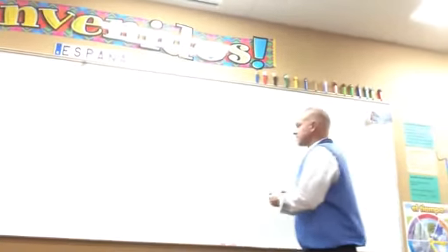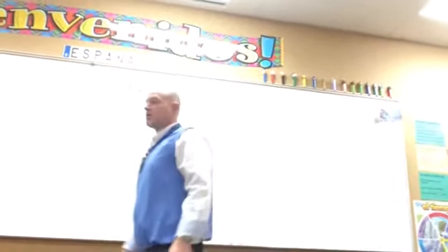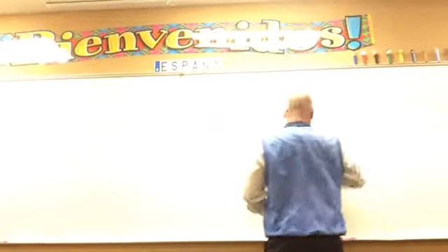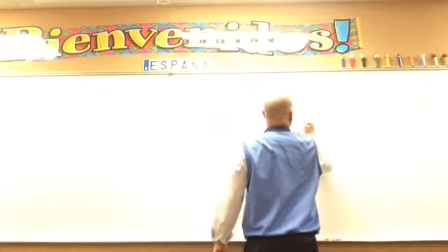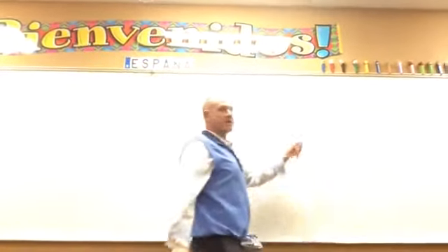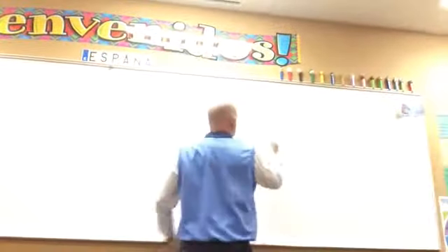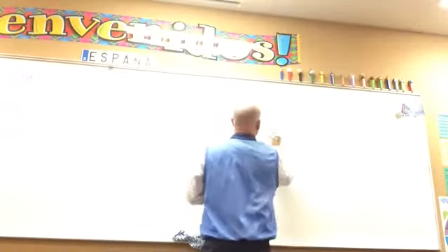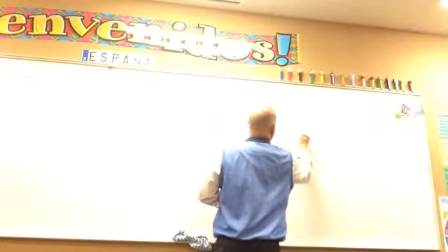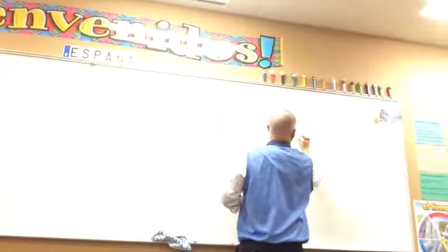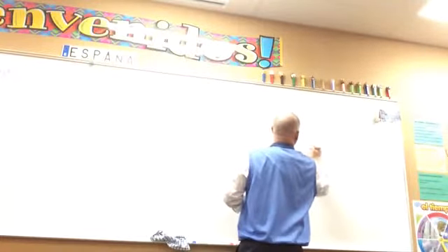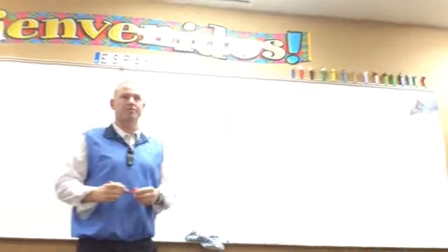Okay, so if I wanted to write this thing out in Spanish, let's do that first. I would say yo di, notice past tense, covered that last week. El regalo a mi hermano. So far so good?